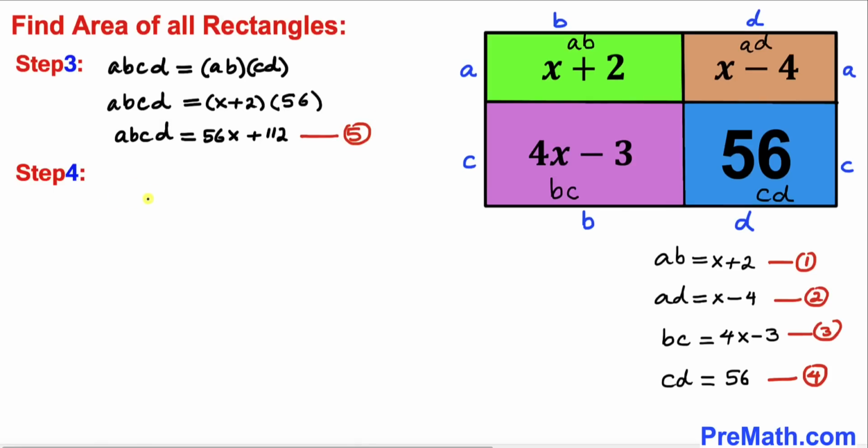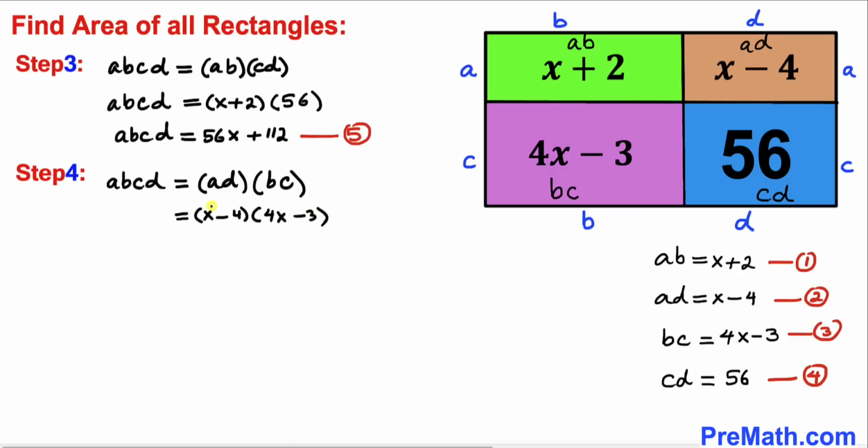And now in this next step, I can manipulate this ABCD. I can write it as A times D times B times C. And we know that A times D in our case is x minus 4 in equation 2. So I can replace this with x minus 4, and then I can replace B times C with 4x minus 3 from equation 3.